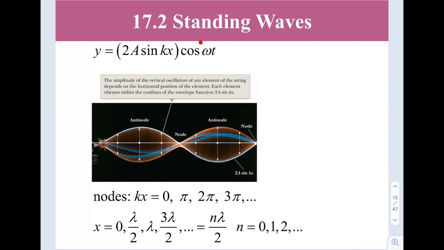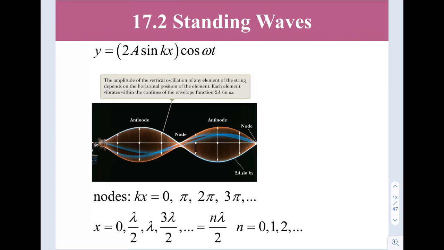Here, the amplitude of the simple harmonic motion of a given element, in this example the stretched string, is this one, 2a sin kx. The coefficient of the cos here depends on the location x. So the amplitude is specific to this x.